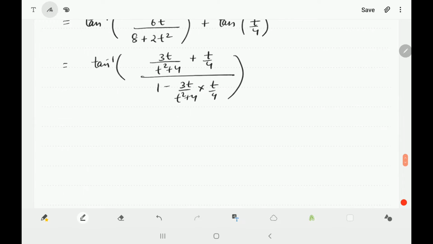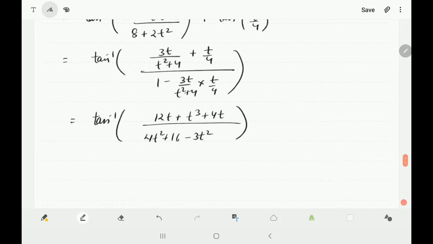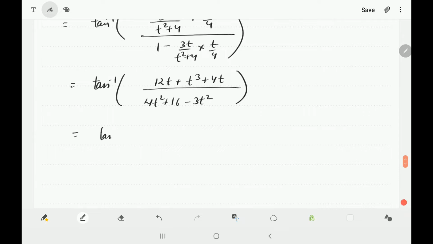This term will now simplify to tan inverse of, once you take LCM, 12t plus t cube plus 4t in the numerator. In the denominator it will be 4t square plus 16 minus 3t square. So we will have tan inverse of t cube plus 16t, and in the denominator t square plus 16.